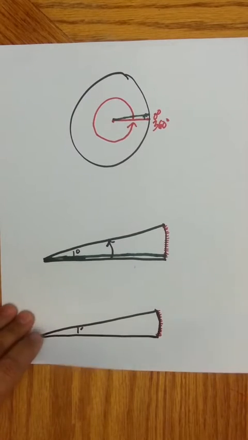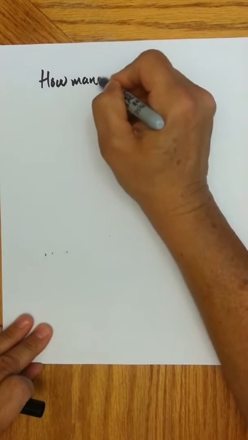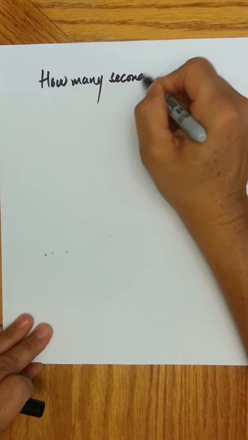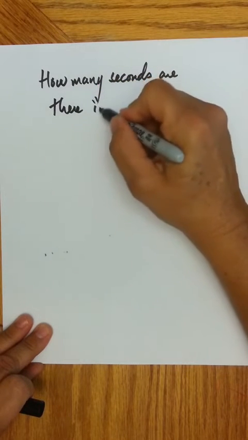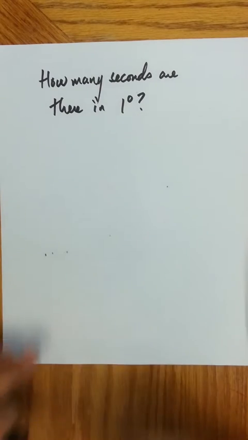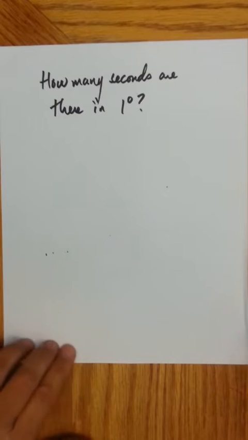All right, so let's do that conversion. If I want to know how many seconds are there in 1 degree, go ahead and pause the video and see if you can do that. Make that transition there.